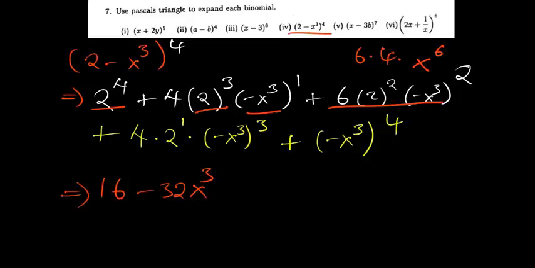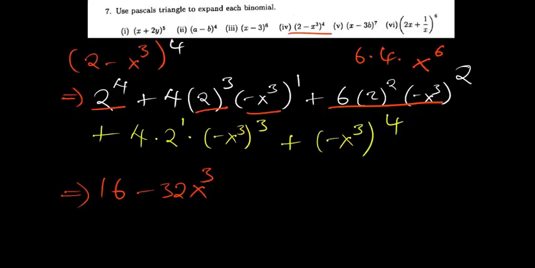Or in other terms, you can think of it as negative x to the power 3 times negative x to the power 3. That will give you a positive. So yeah, 6 times 4 is 24.